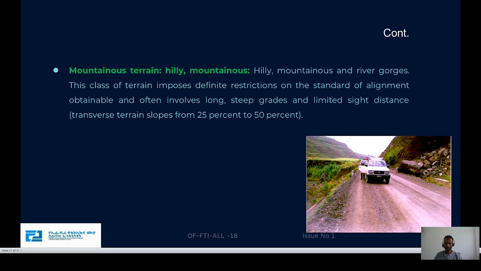This class has restrictions on the standard of the alignments, both horizontal and vertical. Additionally, there are limited sight distances, horizontal or vertical.